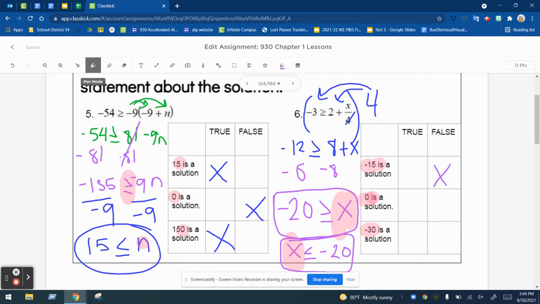Negative 15 would be greater than negative 20, right? Would 0 be less than or equal to negative 20? Nope. 0 is also greater than negative 20. Is negative 30 less than or equal to negative 20? Yes. Negative 30 is less than negative 20 because it is more left on the number line.